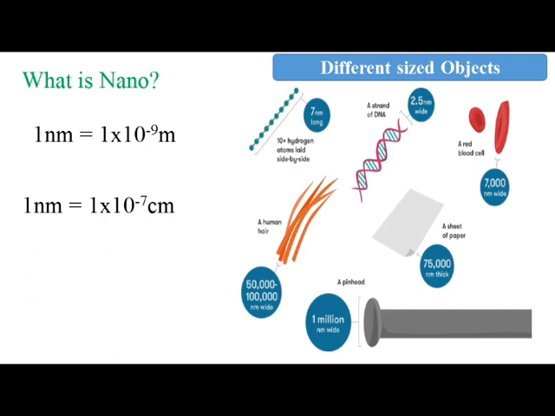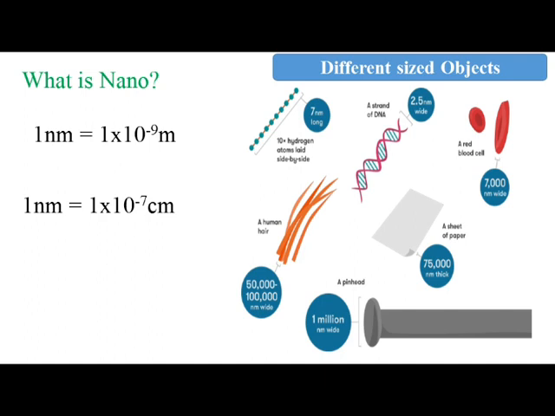We know all these objects very well, but if you see the scale of these objects, a DNA strand is 2.5 nanometer wide. Red blood cells are 7000 nanometer wide, and the paper that we use in our day-to-day life is 75000 nanometer thick.